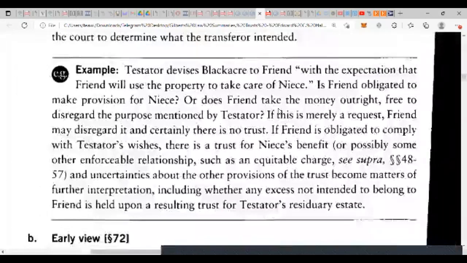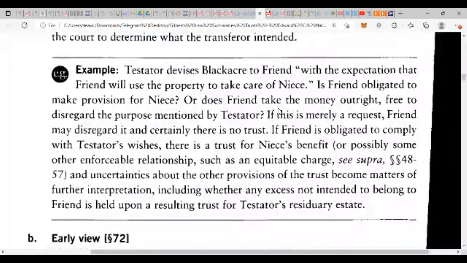Example: testator devises Black Acre to friend "with the expectation that friend will use the property to take care of niece." Is friend obligated to make provision for niece, or does friend take the property outright, free to disregard the purpose mentioned by the testator? If this is merely a request, friend may disregard it, and certainly there is no trust.